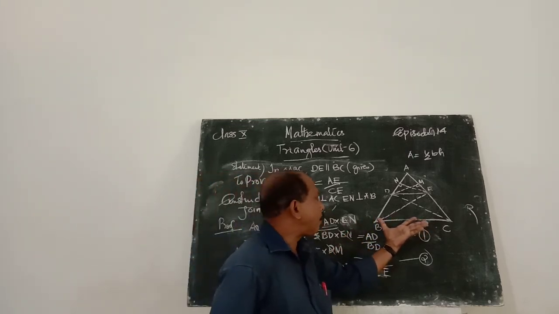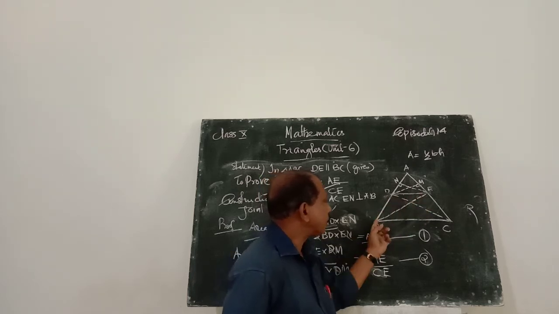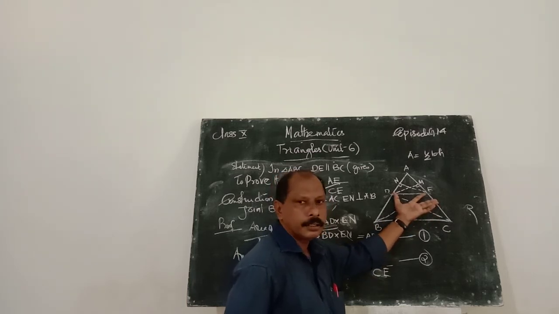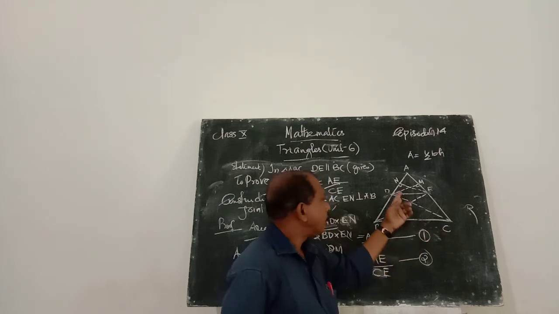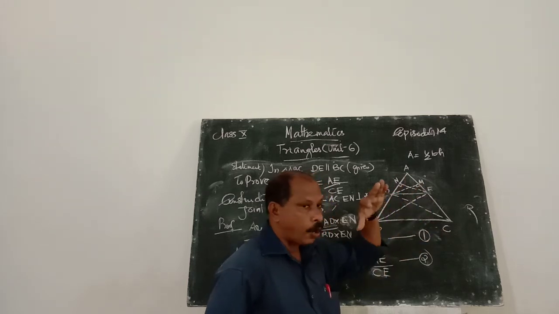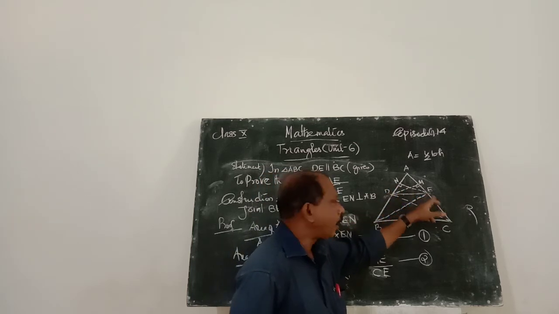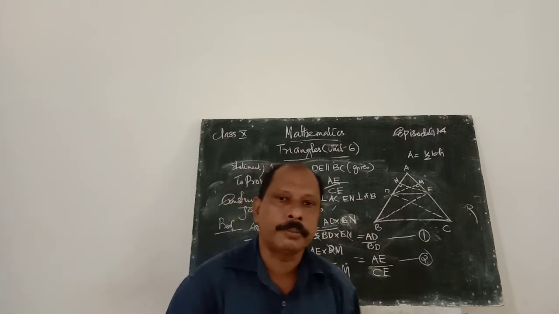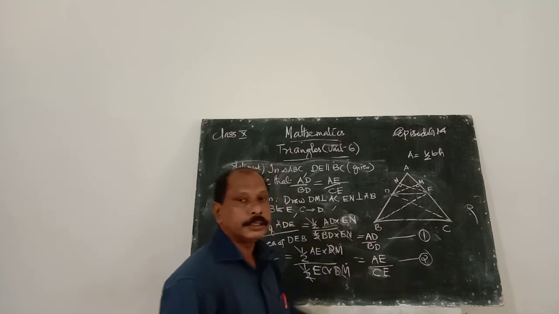But we know that from the ninth portion, triangles with the common base, these two triangles, BDE and CDE, have DE as the common base, and DE is parallel to BC.